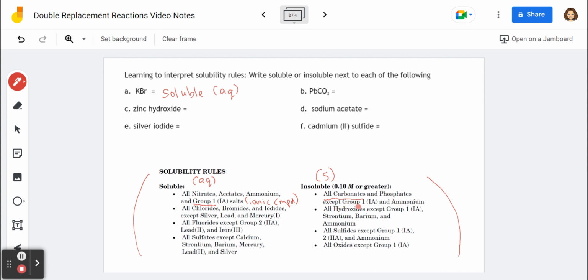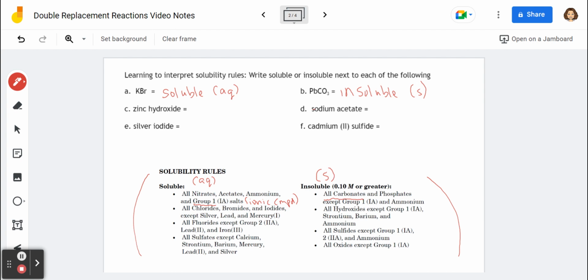Now it says except group 1 and ammonium, because that refers back to this first rule that we talked about in the last example. So since all carbonates are insoluble except group 1, and lead is not in group 1, it's in group 4, that makes this insoluble. And so if it's insoluble, it would be a solid or the precipitate if it were formed.